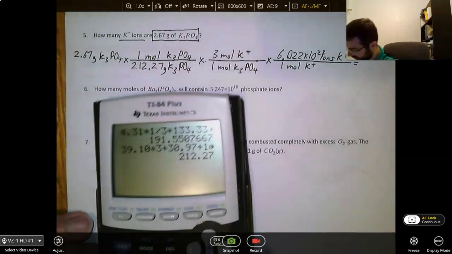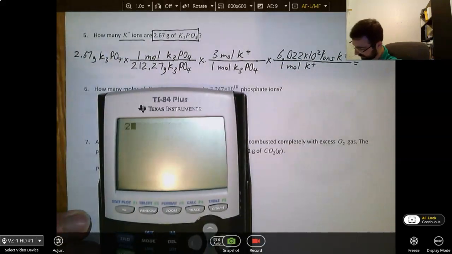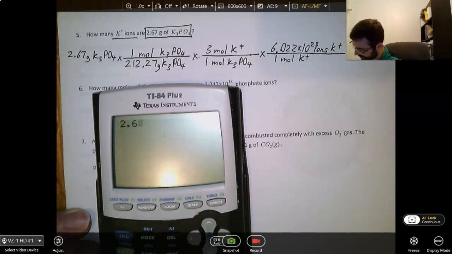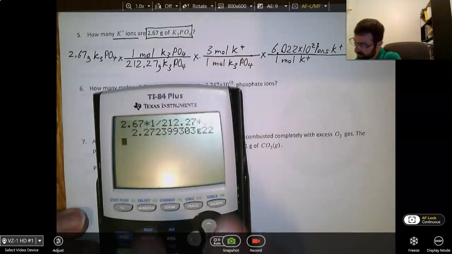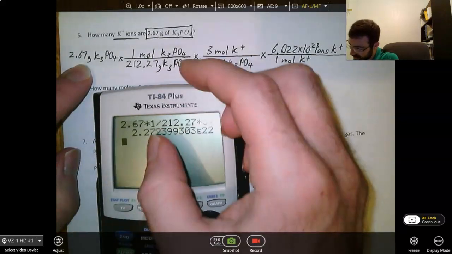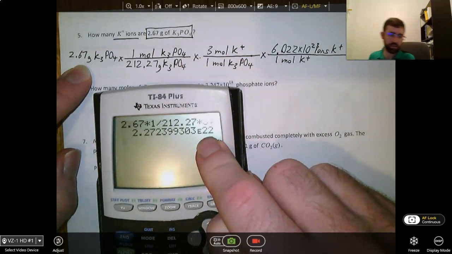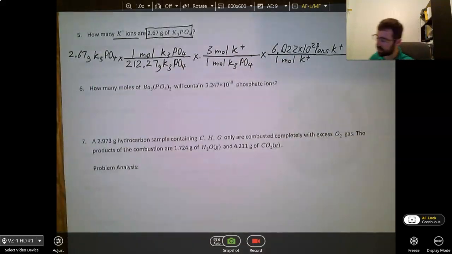Go ahead and do that in a calculator. 2.67 times 1 over 212.27 times 3 over 1 times 6.022 times 10 to the 23rd divided by 1, and I will get 2.27 times 10 to the 22nd.